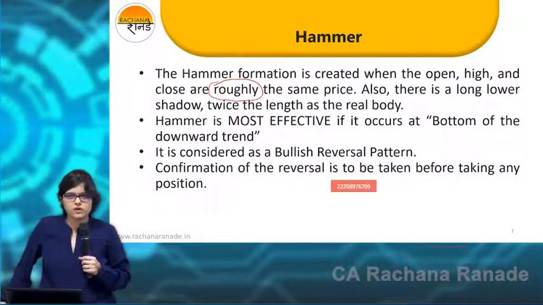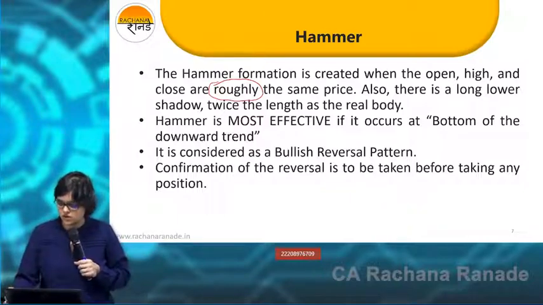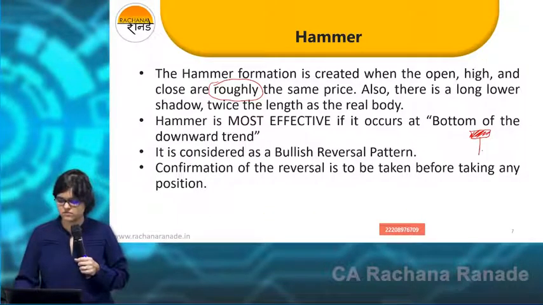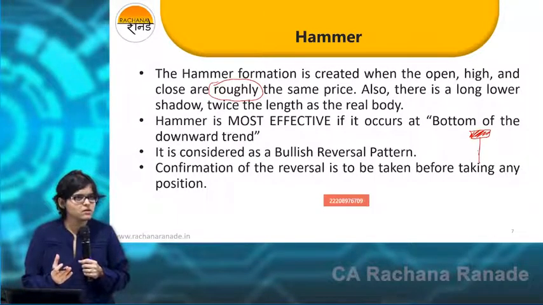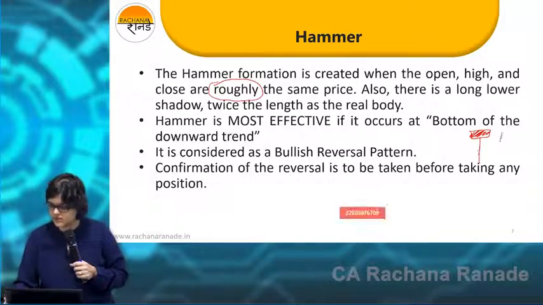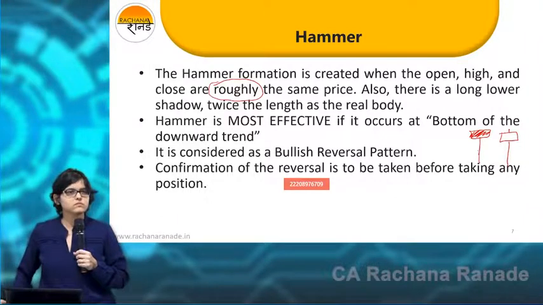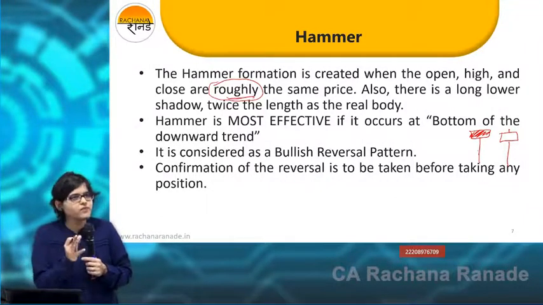Why did I emphasize this one? Theoretical hammer, compulsory basis, this one, compulsory. Can you find such hammers in real life also? Obviously yes. But you will not find a hammer exactly like this every single time. Could it be something like this? Is this also a hammer? Absolutely. That is why the important thing is they are roughly the same. A little bit here and there should be okay.